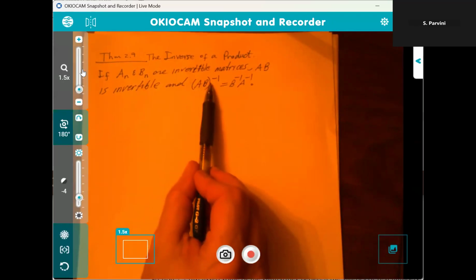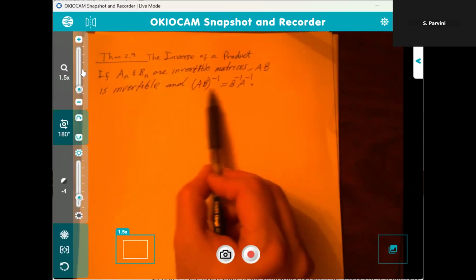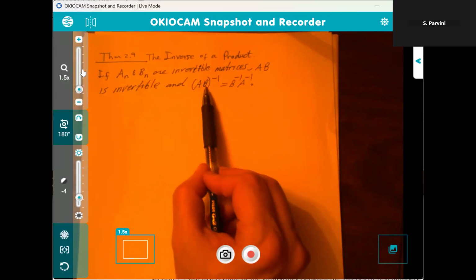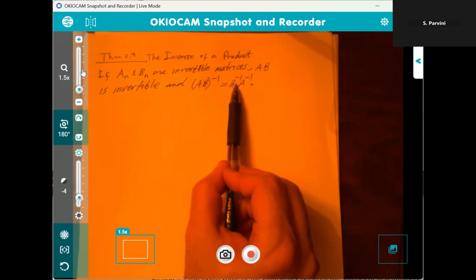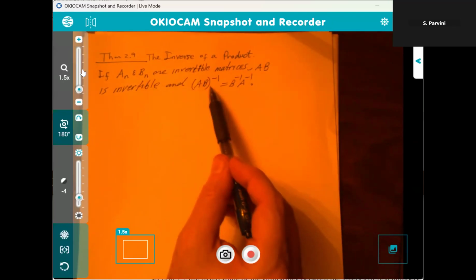Notice we want to find the inverse of a product. So this we're going to remember in future chapters, folks. The inverse of a product is the product of inverses in reverse. That we're going to prove in a moment.